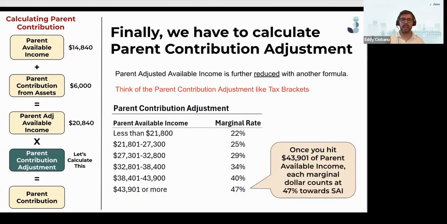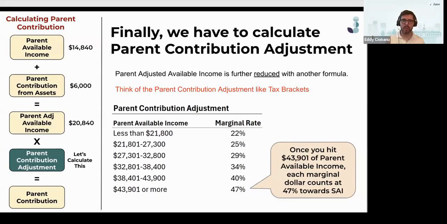Then anything above that, marginally from 21,801 to 27,300, only that amount above the initial 21,800 is assessed at the 25% rate, and so on and so forth.